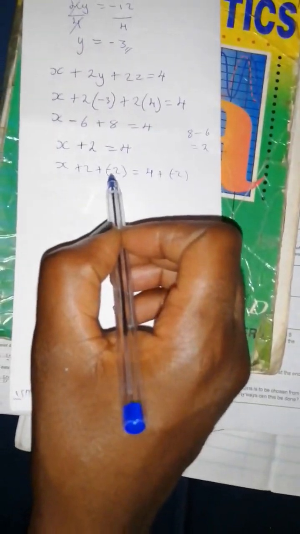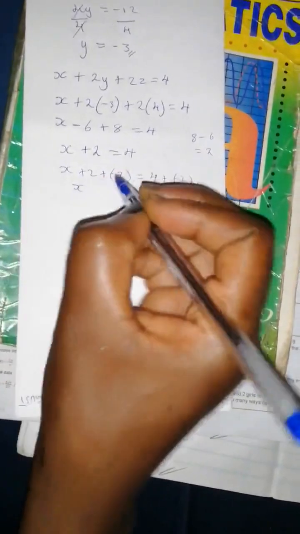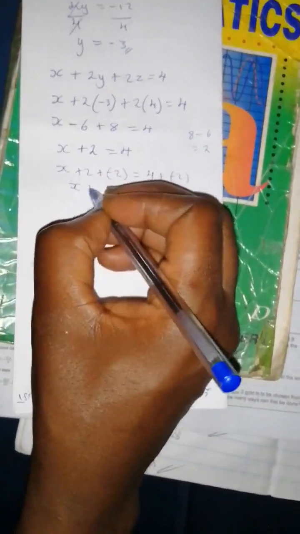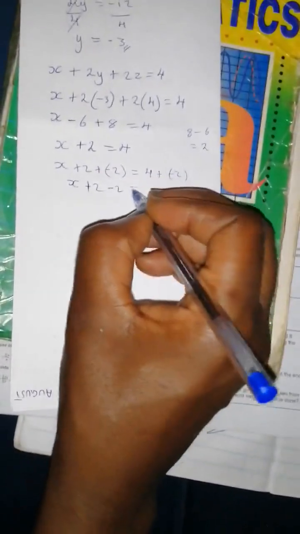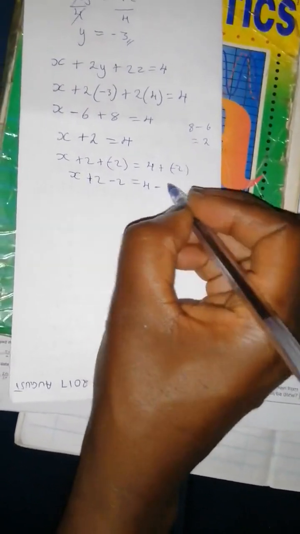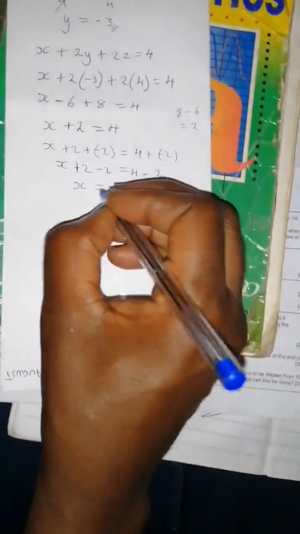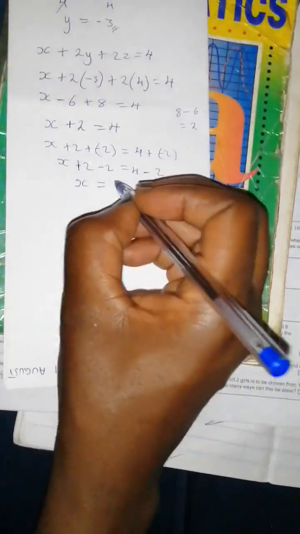Positive times negative is minus, so it will be x plus 2 minus 2 equals 4 minus 2. This one will give us a 0. So we have x equals 4 minus 2, which is 2.